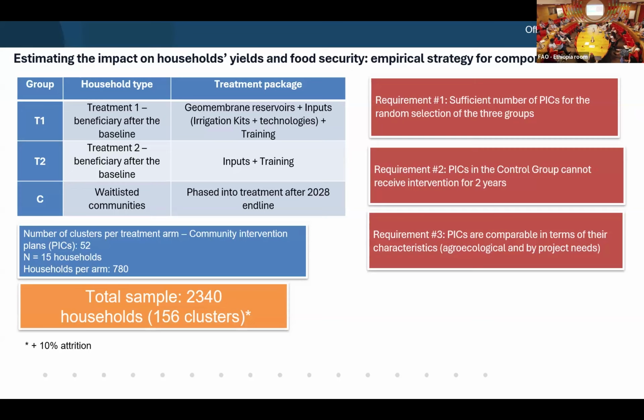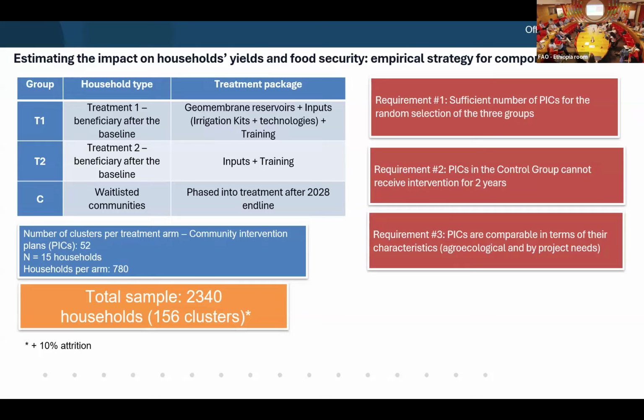So what we are doing now is waiting for the country office to finalize the PICS formation, the cluster formation, and select all those communities that are comparable from the agroecological perspective, and by the selection of the inputs and the kind of activities that we would like to develop during the project.